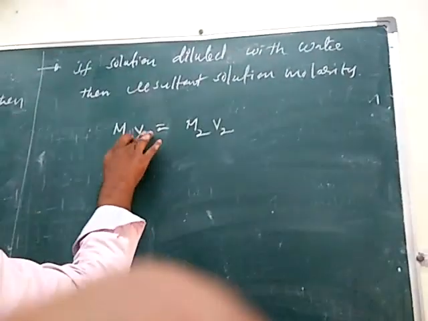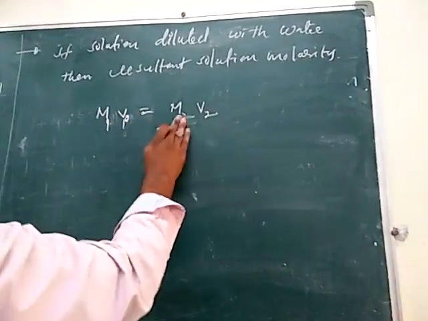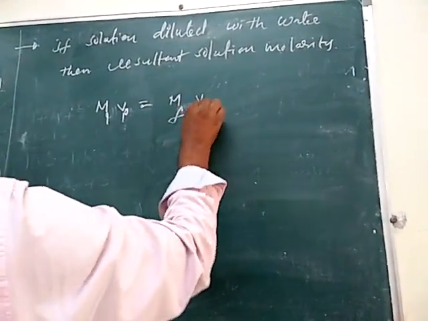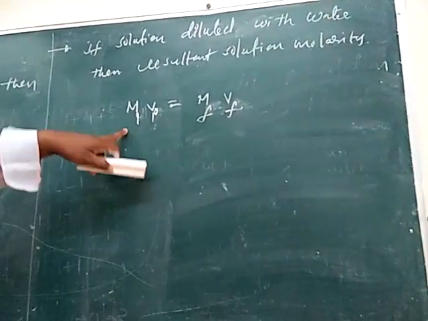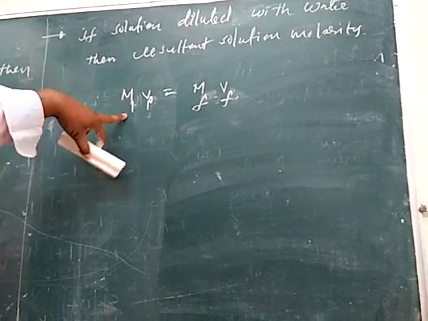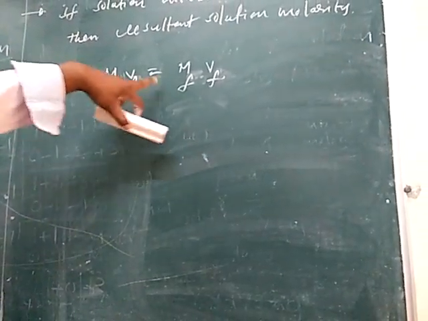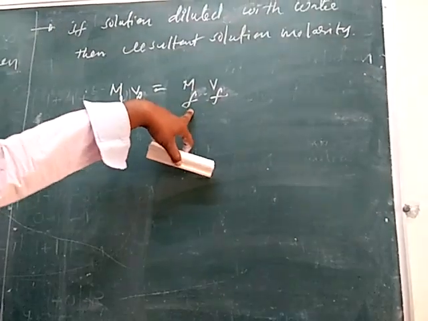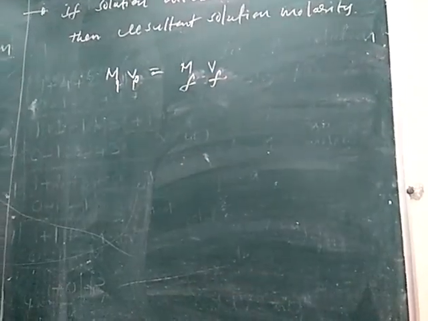Otherwise, initial molarity into initial volume equals final molarity into final volume, where i means initial and f means final.